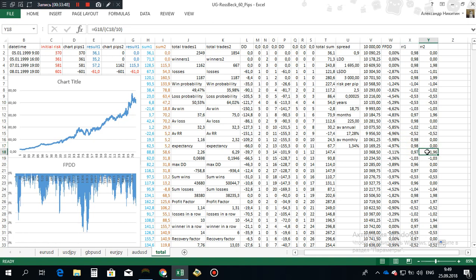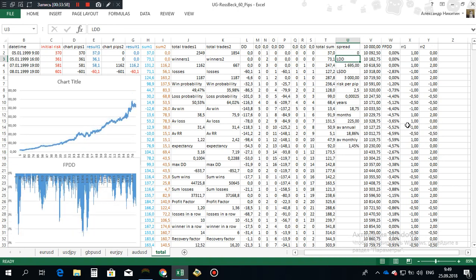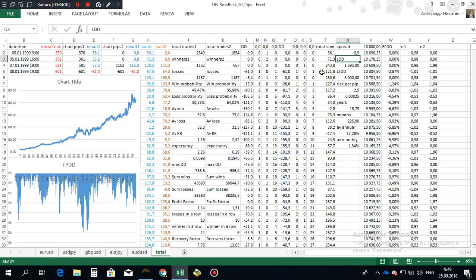So instead of having 2, which is target 2, twice the initial risk, we have 1.96. And of course they are all very good. You see, half, 1, 1, 2, minus 0, 0, half, 0, 2, 2, when you don't have spread. Okay, perfect. Have spread, do not have spread.